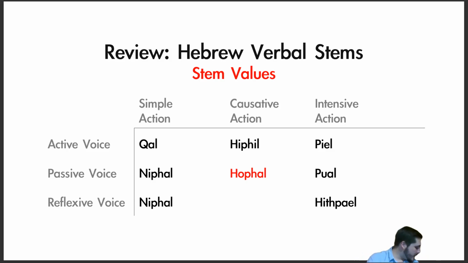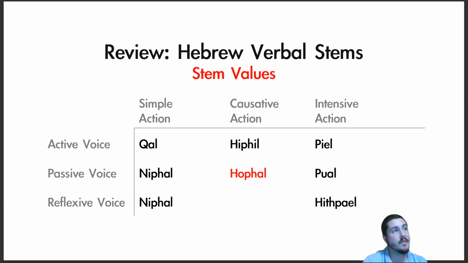That means 131 of them are Hifil, and then you've got 6 of them so far. So that's your comparison, right? Quite a few less. 58 of them in Nifal, 6 of them in Hofal. So it's not very common.